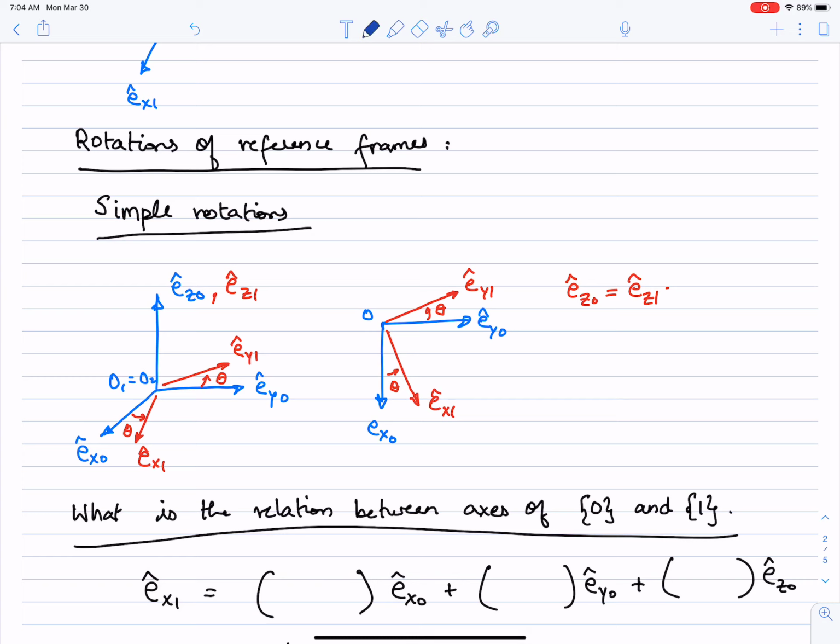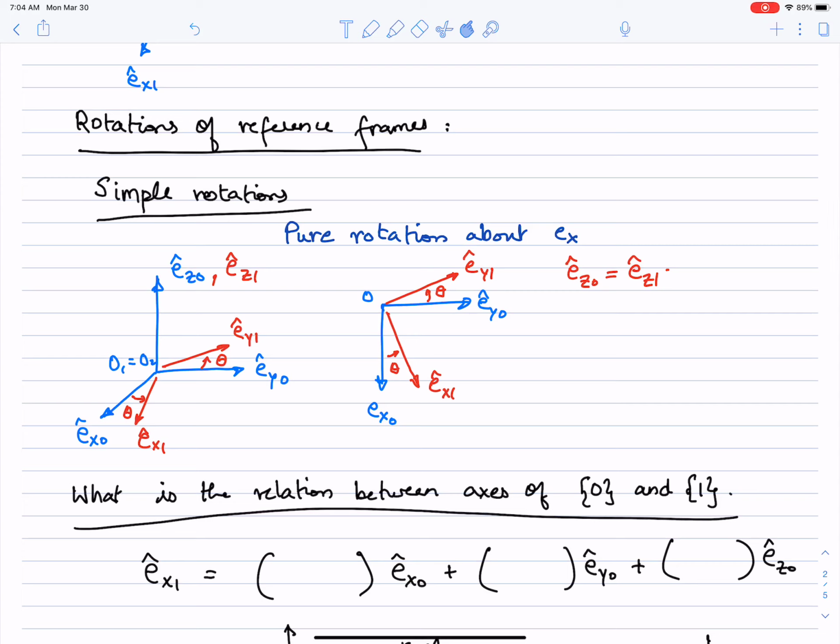So this was a pure rotation about Ez naught.